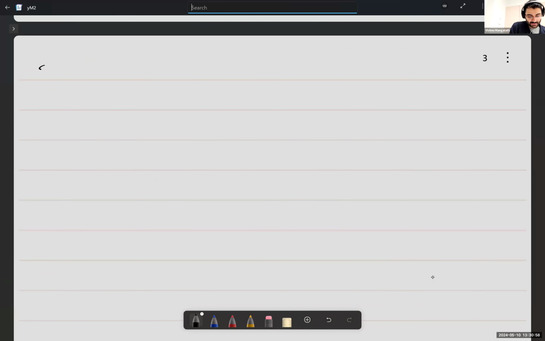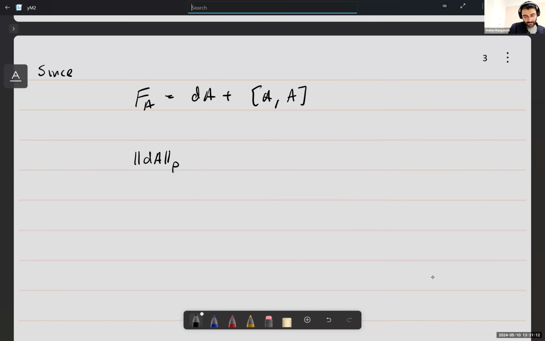Okay, so since FA, which is dA plus A bracket A, we can immediately get that dA in P is bounded by FA P plus A bracket A P. That's the regularity theorem I mentioned before.